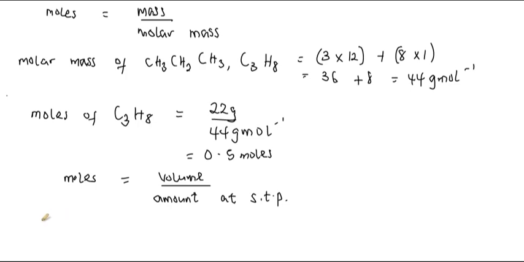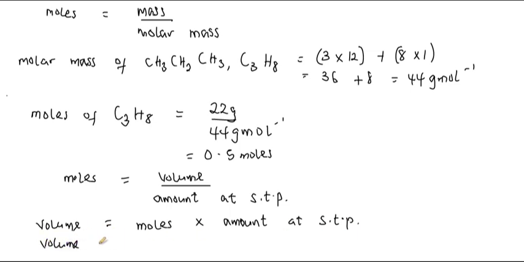So now we'll say volume equals moles times amount at s.t.p. and volume of propane equals the number of moles, which is 0.5, times the amount at s.t.p. gotten from the previous calculation, 22.4.